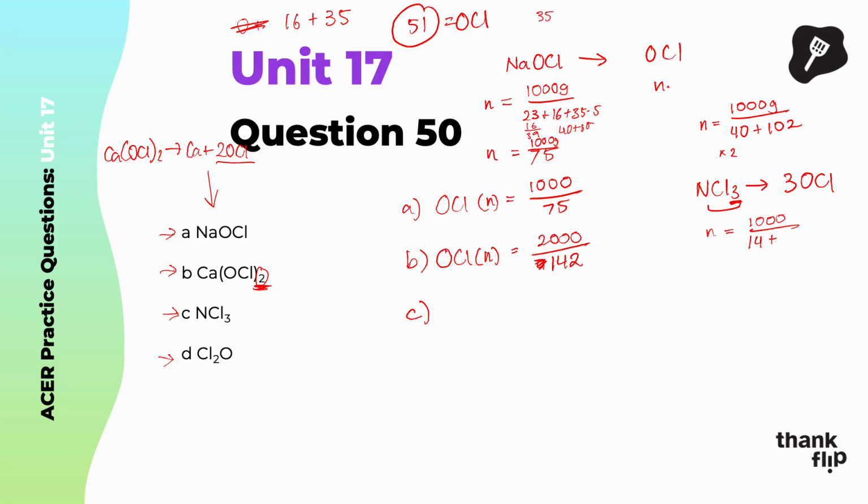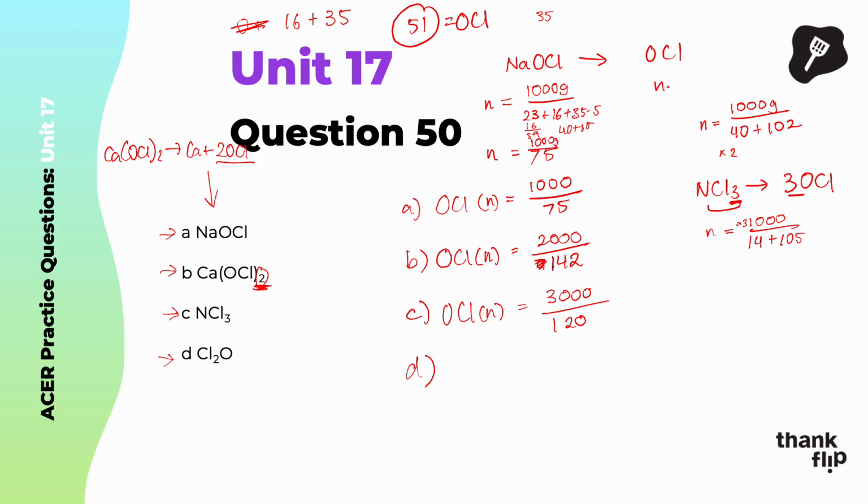So I'm going to say 3 times 35 is about 105. So let's do 105 approximately. And there's going to be 3, so I'm going to times this by 3. So the OCl here is going to be 3,000 over 100 and around 20. All right, so actually, yeah, 120, around 120. Don't need to be too precise here.